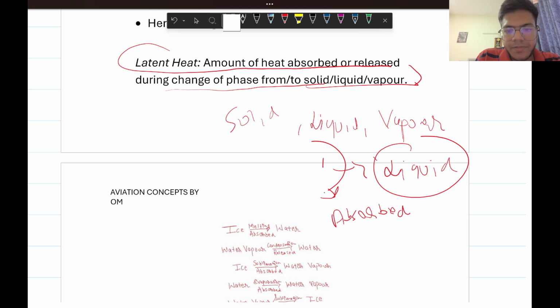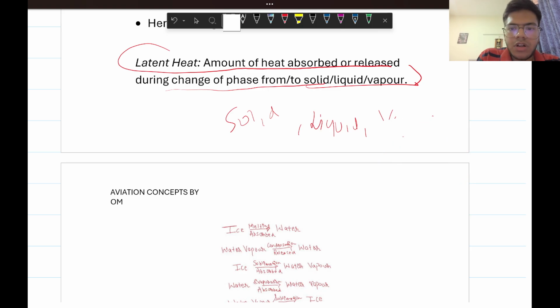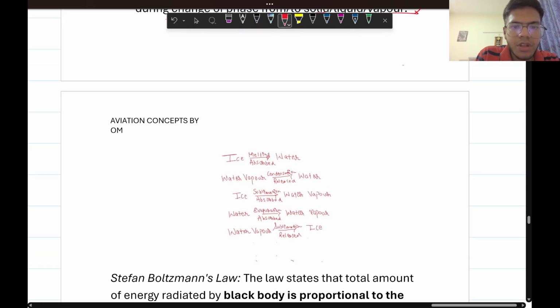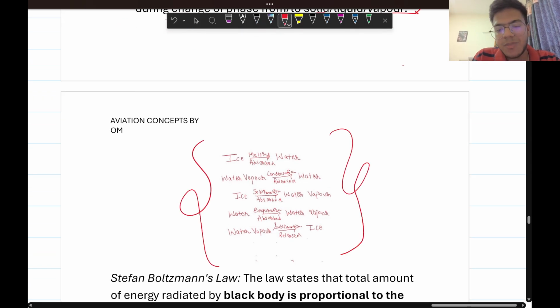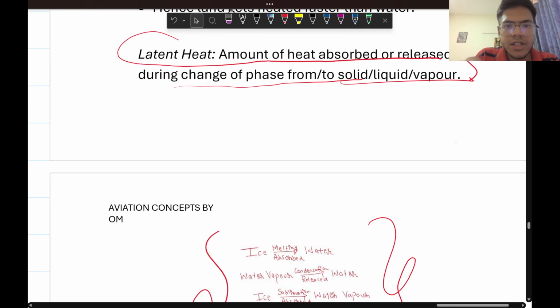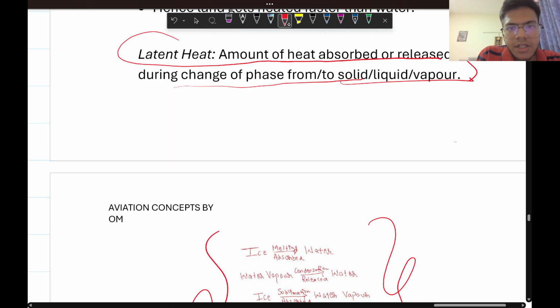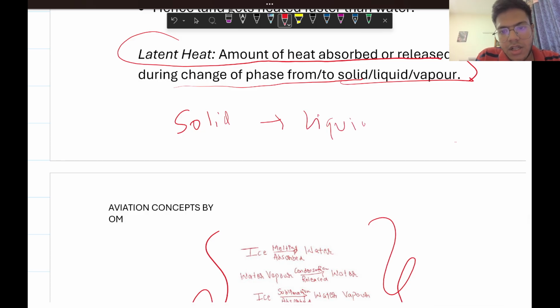So guys, the simple fundamental for learning this is in which process heat is absorbed and in which process it is released. Okay, so the simple trick is basically, just a second guys, solid, liquid and the other state is vapor or gas.